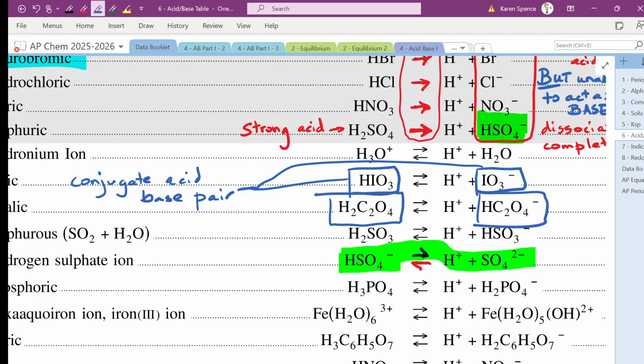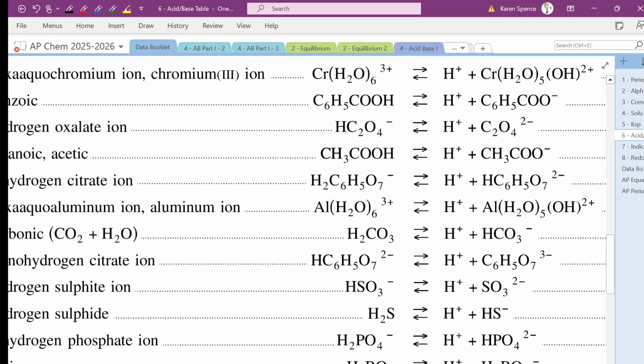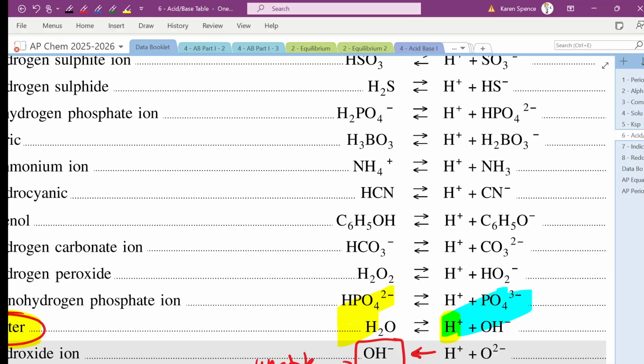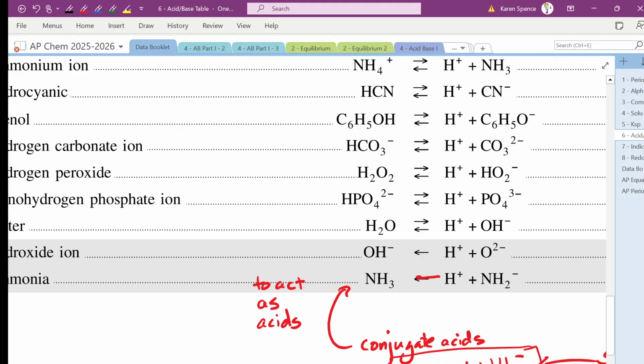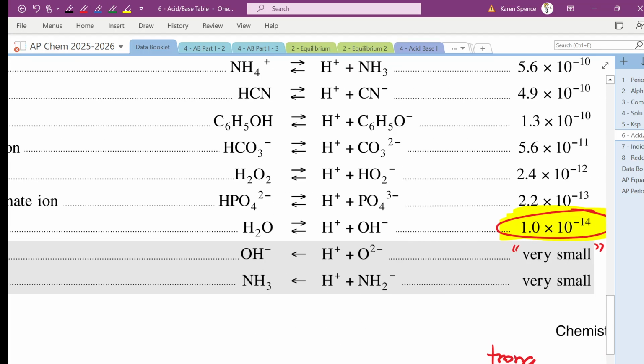Now, when we get down to the bottom, you'll notice we've got equilibrium arrows all in the middle, all that middle part of the table. But when we get to the bottom here, what do you notice about the arrows now?